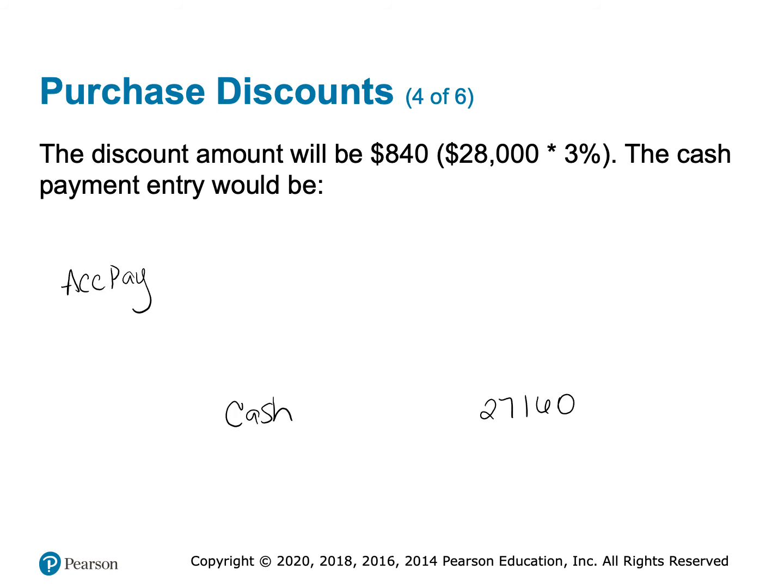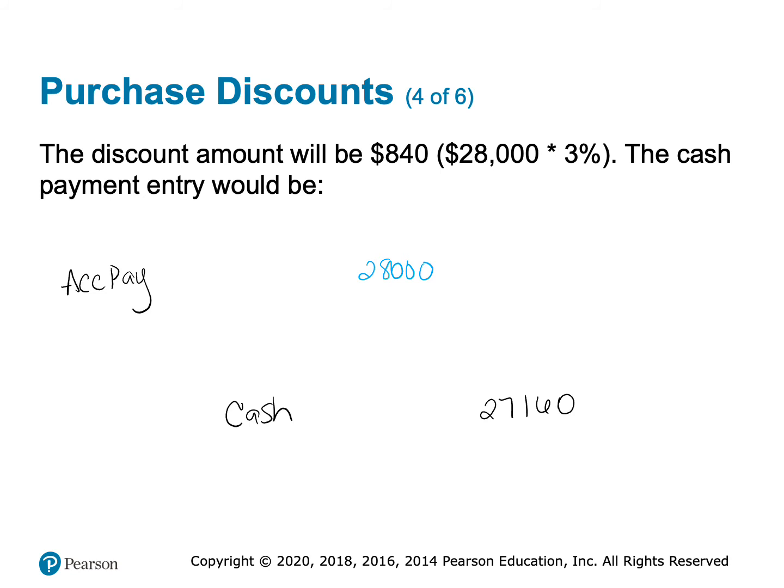Now, it may be tempting to want to debit accounts payable for $27,160, but if you do that, you're going to show a balance in accounts payable of $840 credit. That's going to look like we still owe them $840, but we don't owe them $840. We owe them zero. We have zeroed out our account. So I want to actually debit accounts payable for the full $28,000.